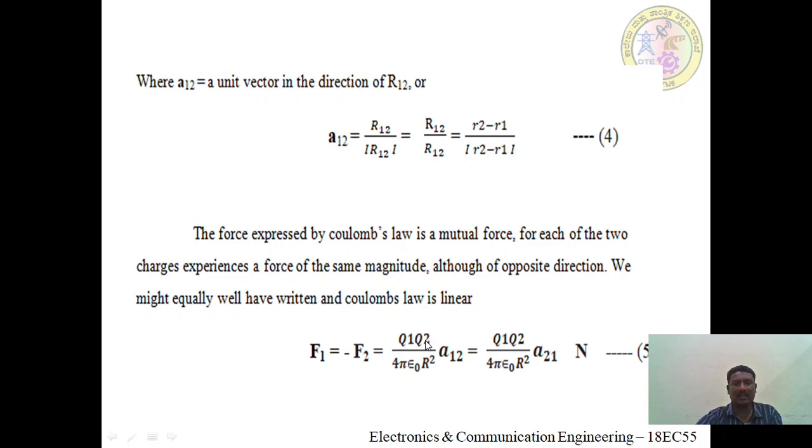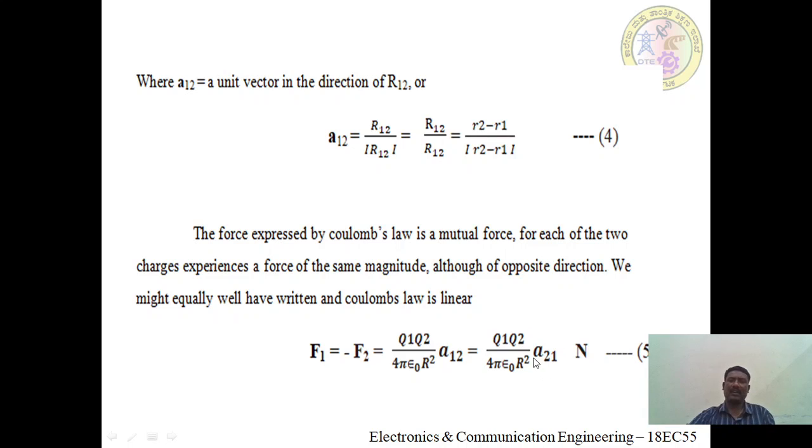Suppose F1 is Q1 Q2 divided by 4 pi epsilon naught R squared into A12. F2 has a minus sign, which is decided by the direction of the unit vector.